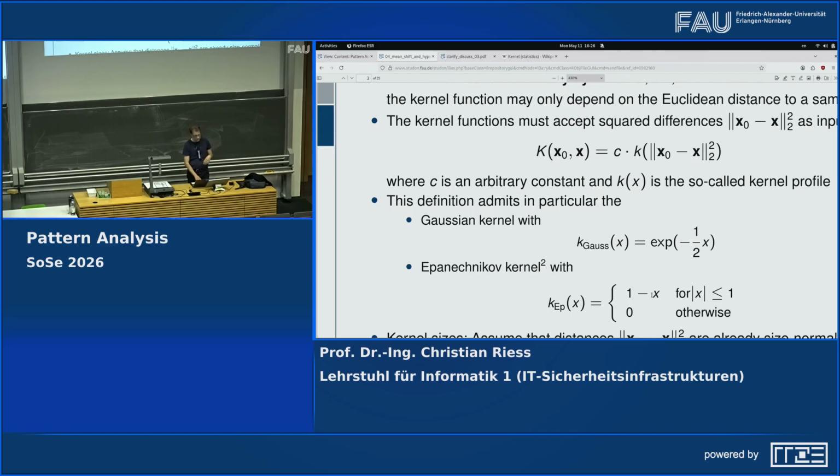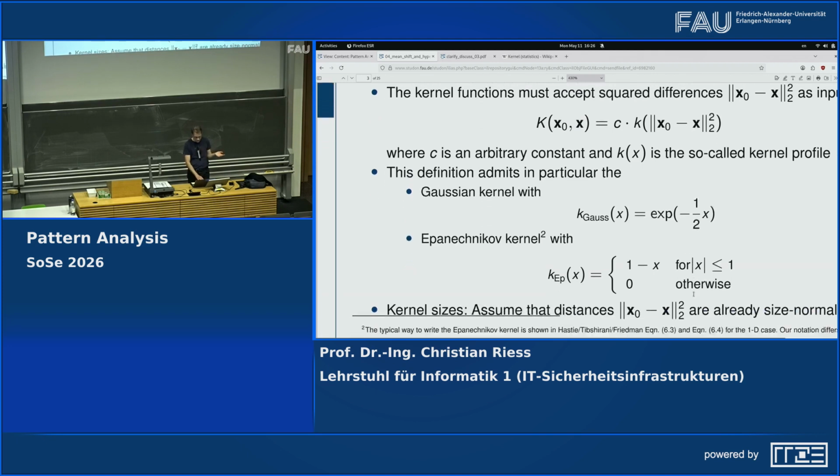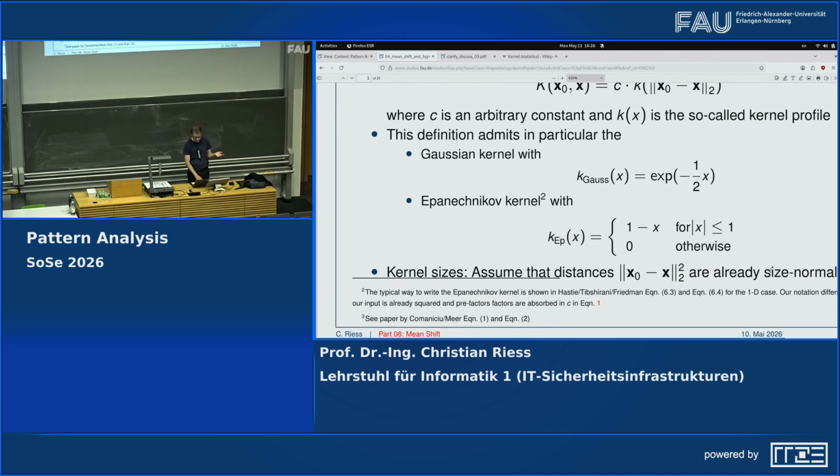And then it's just 1 minus x times some constant. But that constant also doesn't matter because this is something that we can fix with the size normalization of the kernel. This is why the constant is missing. Okay, so this is the kernel profile if you're fine with the fact that there is already a square coming in.